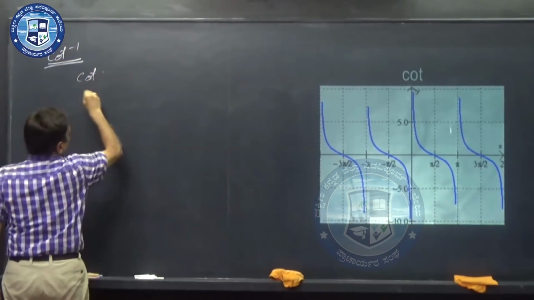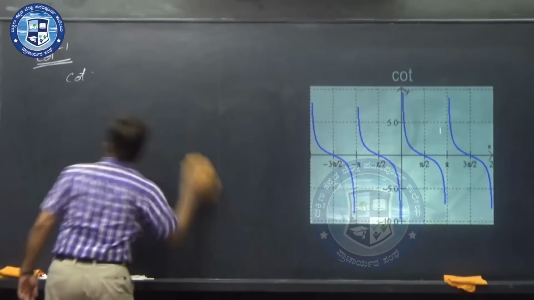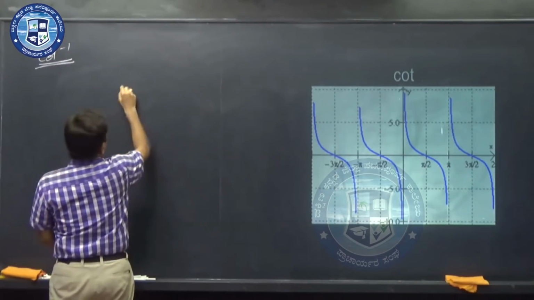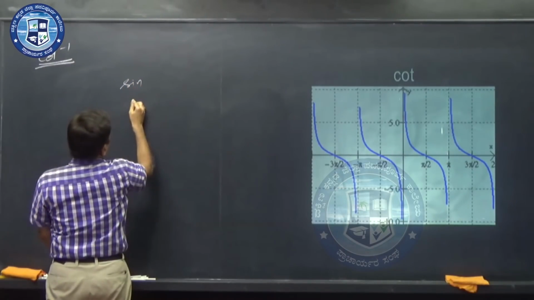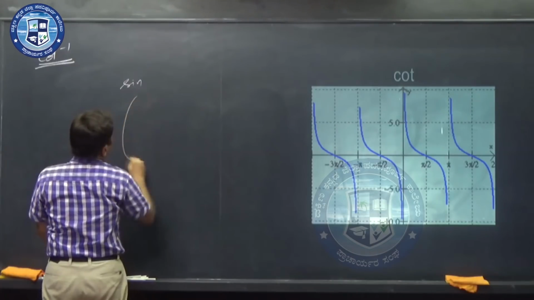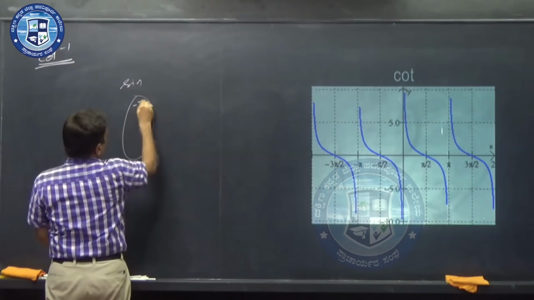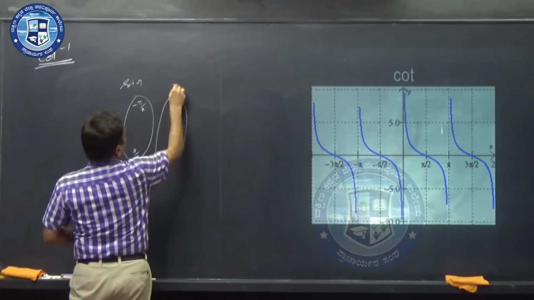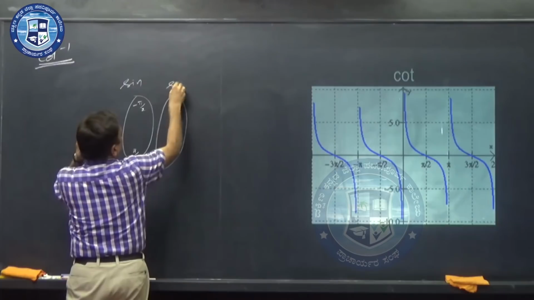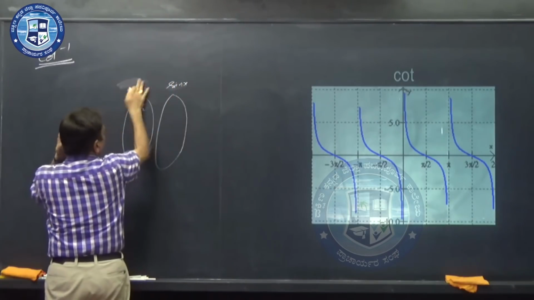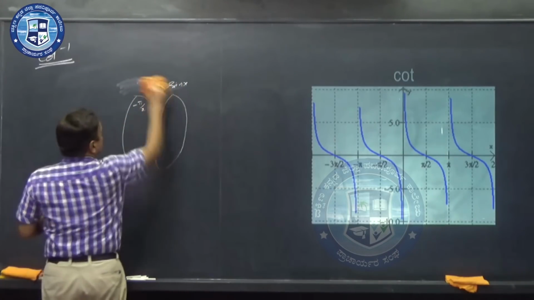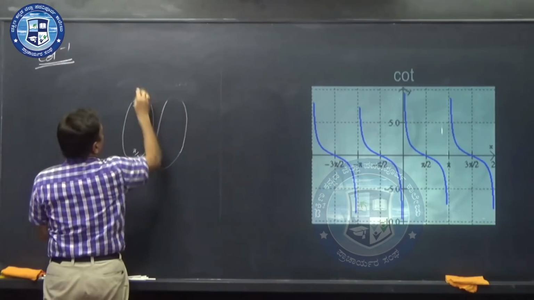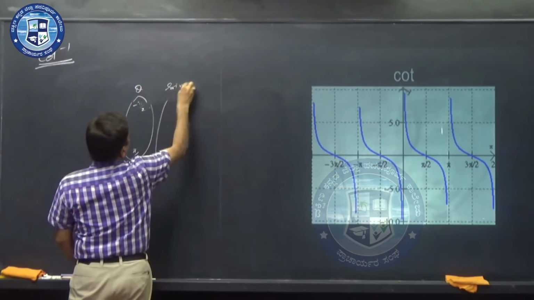Before, when you consider the sine function, we considered between, say, set A, between minus pi by 2 to plus pi by 2, and this is x, this is sine x. This is the value of theta, this is sine theta.